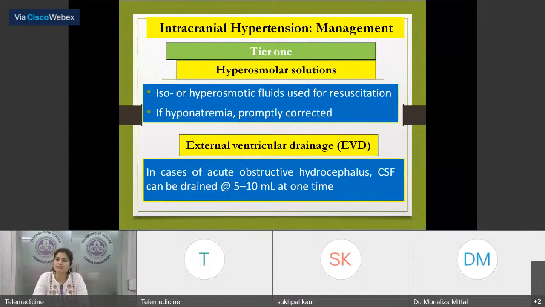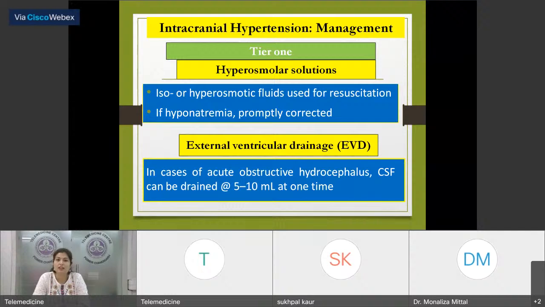Once these measures are not sufficient to maintain the ICP, we can move to tier 1. After tier 0, when we have maintained all the basic measures, we can move to tier 1. In tier 1, we use other measures, such as hypertonic saline or mannitol, because these are osmotic diuretics.